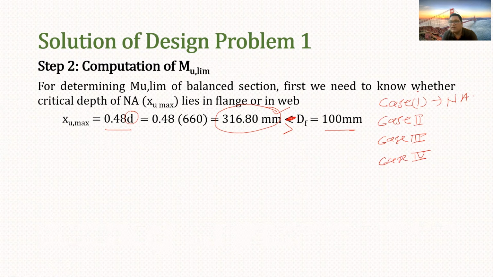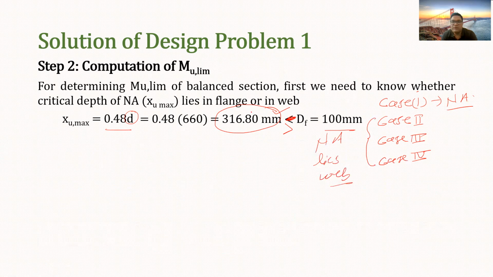So in case 1, when NA lies in flange, then we apply all the formulas that we use for the rectangular beam. Now case 2, 3 and 4, they are applicable when NA lies in web.